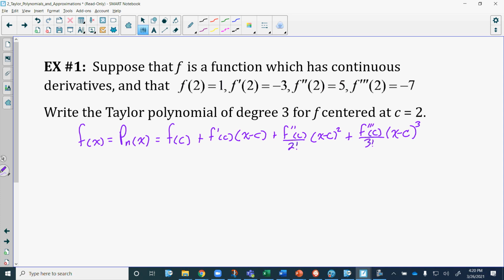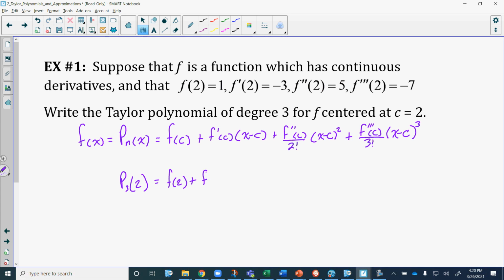So now we can start plugging in some values. We're going to evaluate it at 2. So here I can say p third degree of 2 will be equal to f of 2 plus, and basically we're just going through and substituting 2 anywhere we have a c.